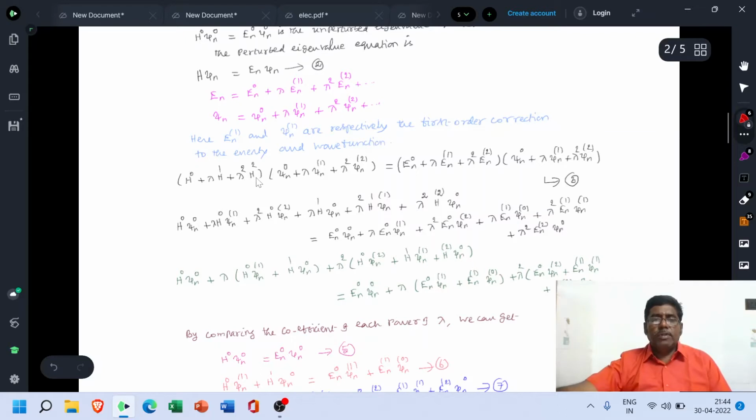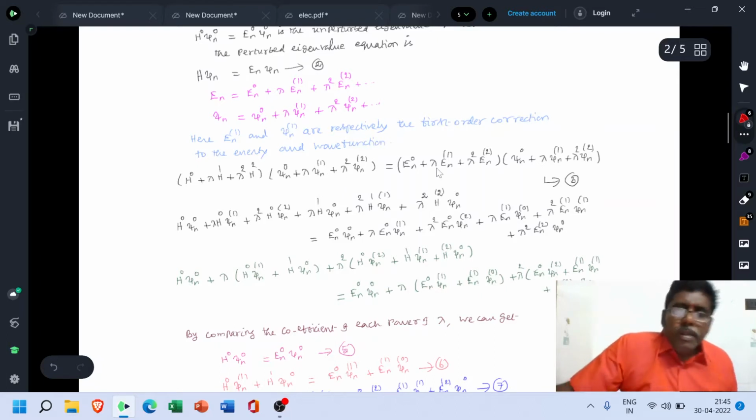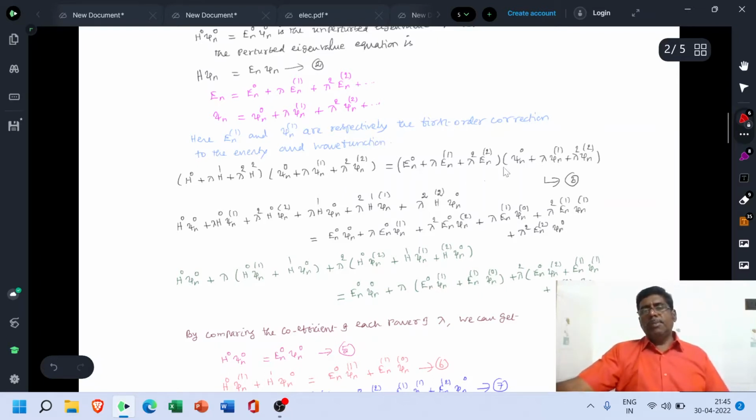Then take this term lambda square H2 psi n0. If you multiply with lambda psi n1, you get lambda cube. No need to add this. Neglect the higher order terms. Lambda square into lambda square gives lambda power 4. Neglect that term also because of the higher order. The right hand side also we have to multiply in the same manner. Then we get the equation of this form.